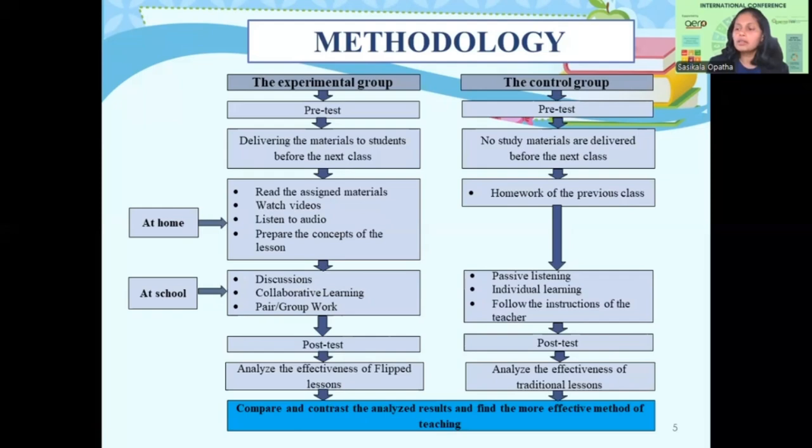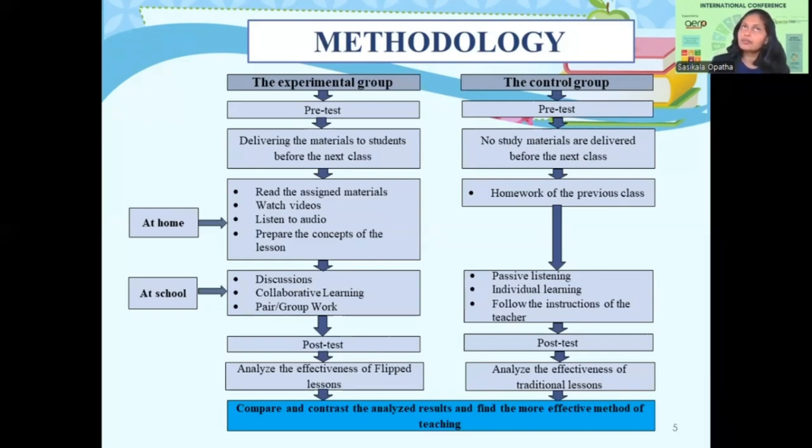Both groups were given the same pre-test prior to the intervention, and the experimental group was given lesson videos prior to the class and asked to study the videos and get ready for the lesson next day. At school, discussions, collaborative learning, and group work were done with the facilitation of the teacher. And the control group practiced the traditional approach with teacher-centered learning during class time.